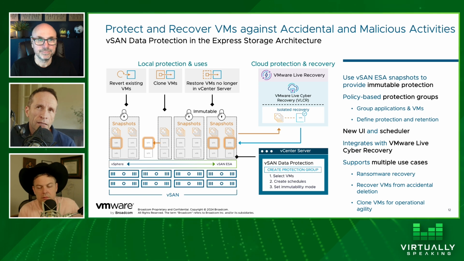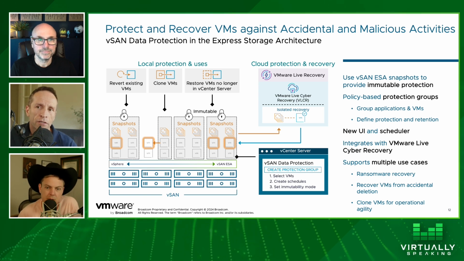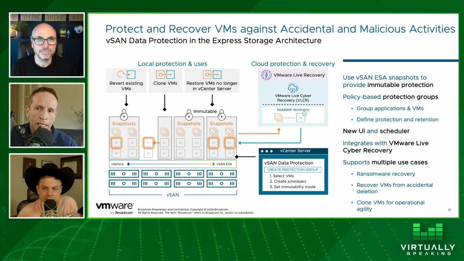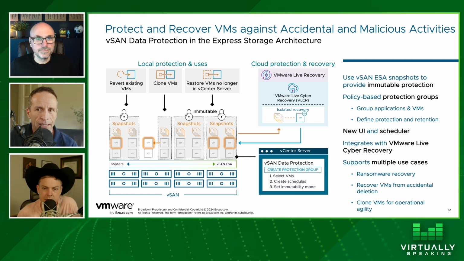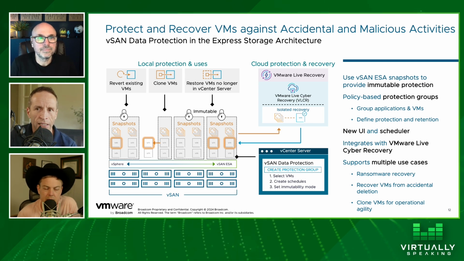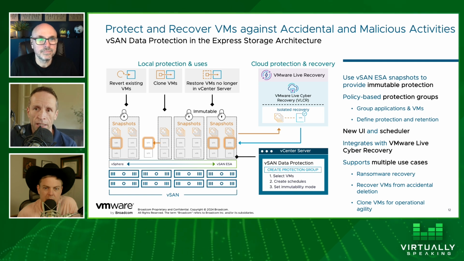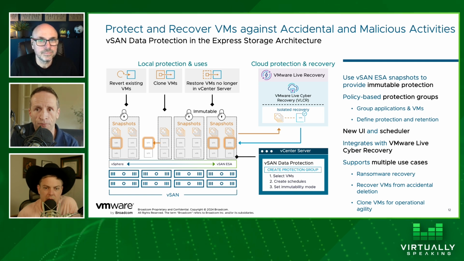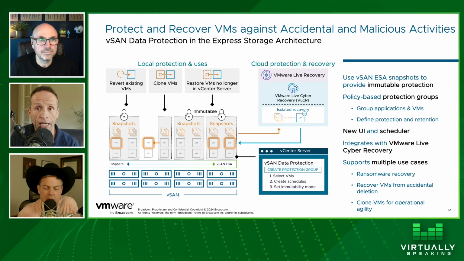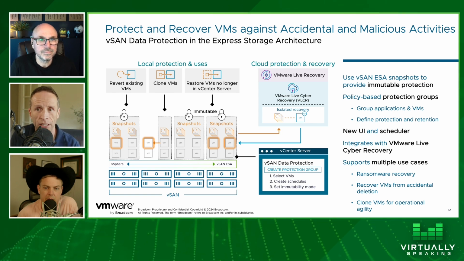So at a high level, you can think of the snapshot mechanisms within ESA as being very analogous to that. They're essentially redirect-on-write snapshots that simply use these redirects for metadata to help us understand where the most up-to-date information actually lives.